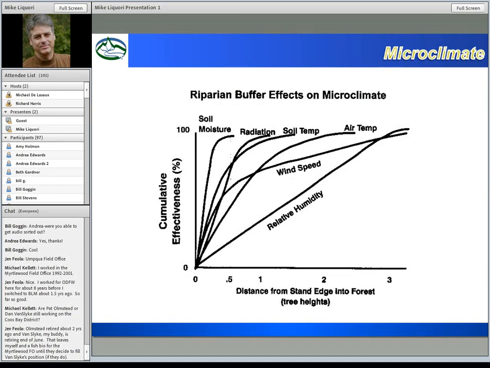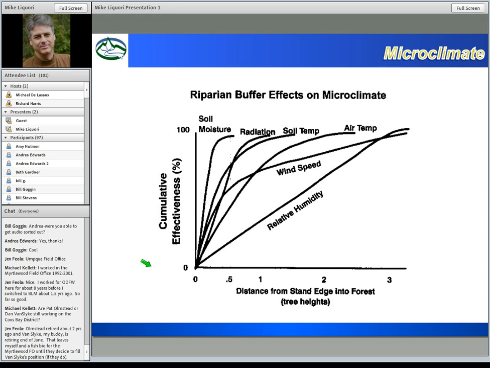Another factor that is important, and this also comes from that FEMAT report, was the relationship between riparian buffer effects on microclimate. One of the things that we discovered was that there was actually very little effect between microclimate and stream temperatures, although there is a very well-defined effect between riparian structure and microclimate.